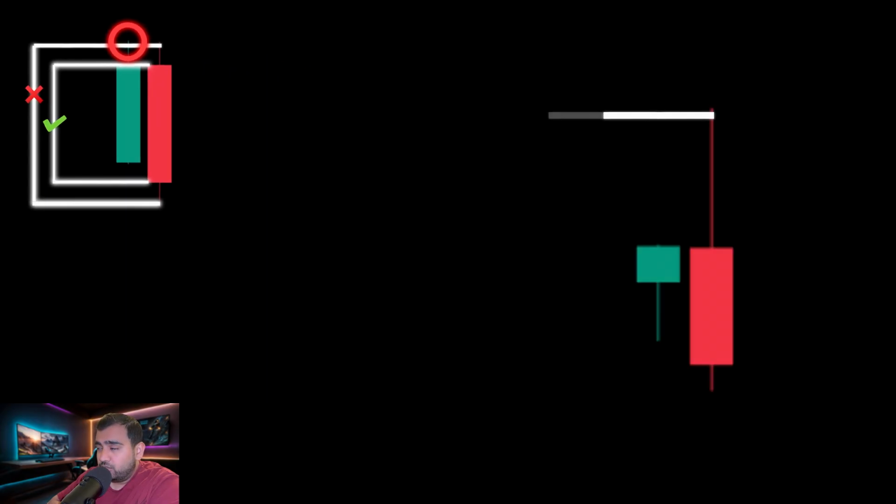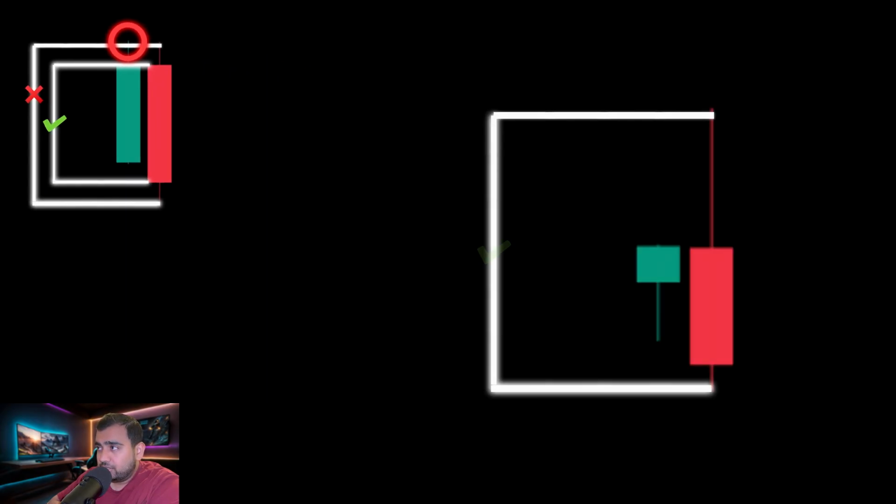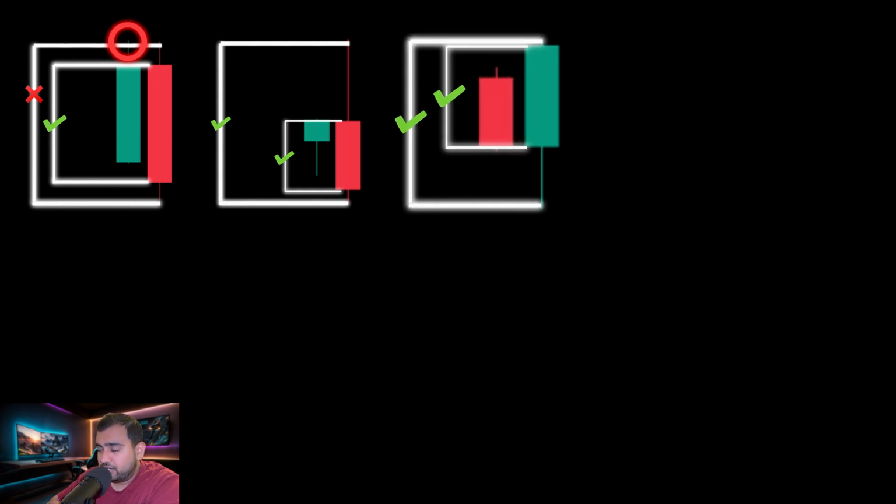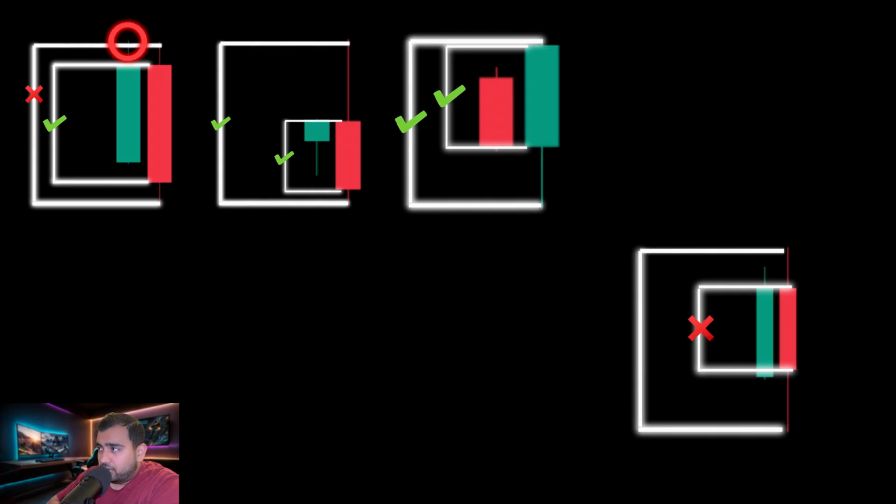All right, there are a few more examples. This is another pattern. You can see the wicks are covering, the body is also covering, so it is a valid pattern. Third example: body is covering, wicks are also covering. Yes, it is a valid example. In this example, the body is not covered by the red. As you can see, the wicks are covering the green body, but the red body is not covering the green body.